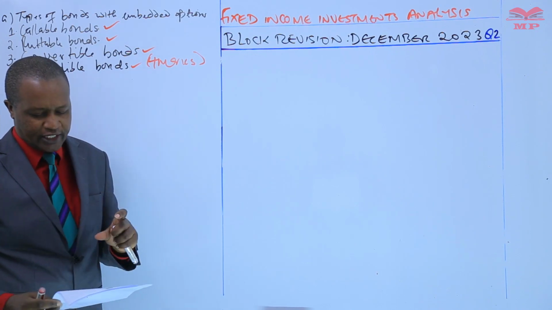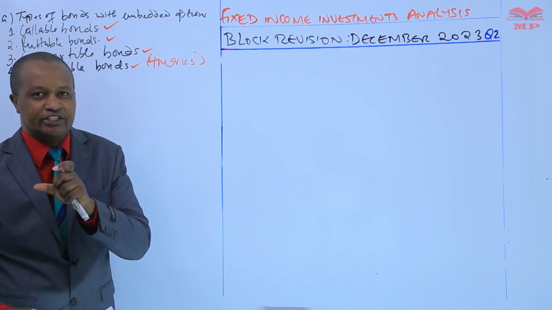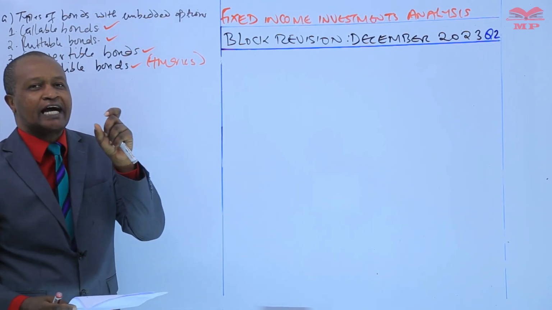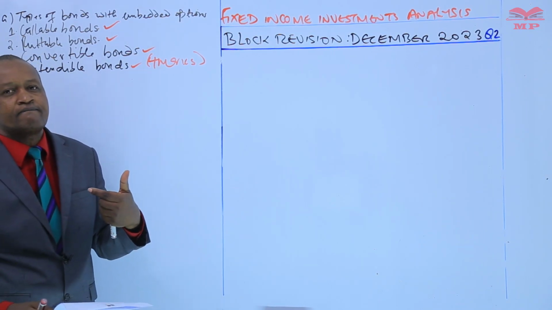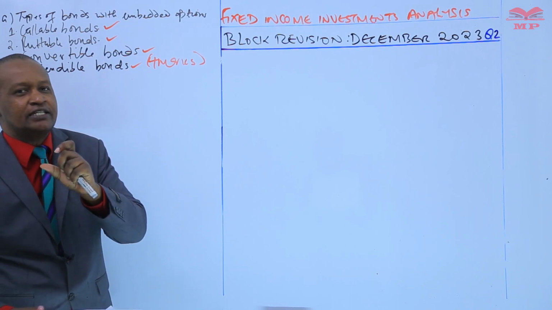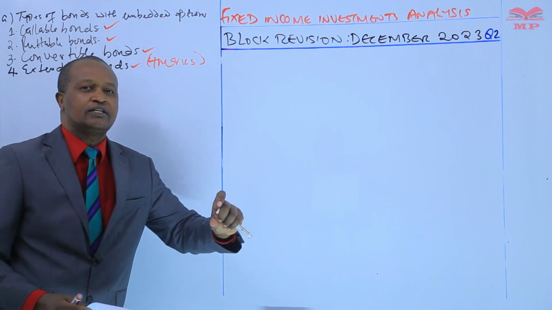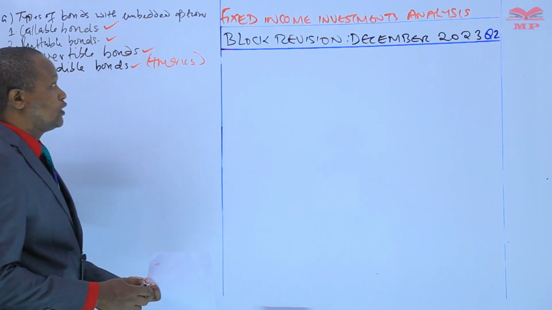So the spread for life, which is also known as the simple margin, is a measure of potential return that accounts for the amortization of the discount, as well as the constant quoted margin over the security's remaining life. Candidates here were to calculate the spread for life.